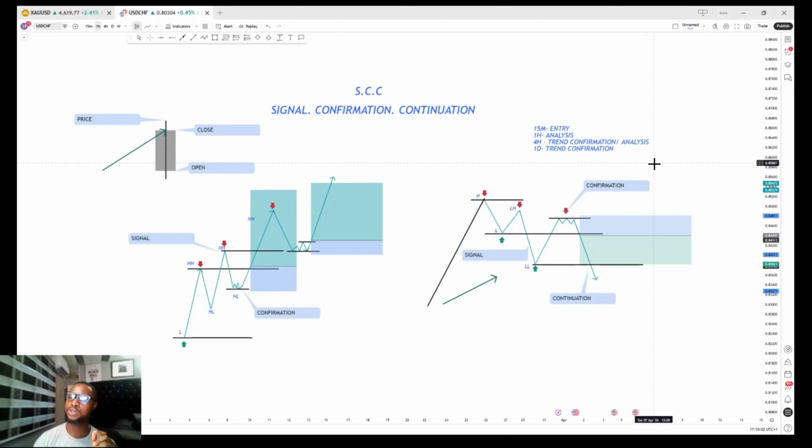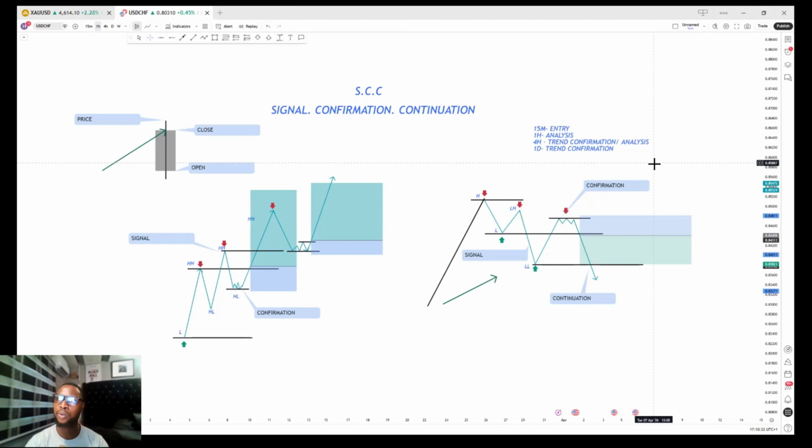You can use your daily for your trend confirmation. Doing your analysis on a daily, you have to wait for a very long time for certain things to happen. Like you have to wait for days to find your signal. You have to wait for days to find your confirmation. You have to wait for days to start following the trend continuation. So I prefer you use the 4 hours for your analysis for your trend confirmation.